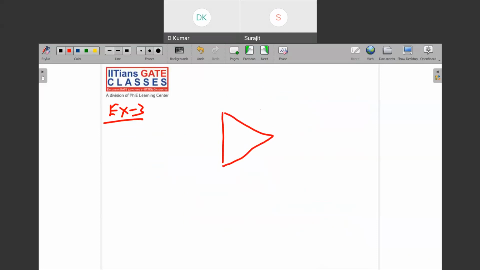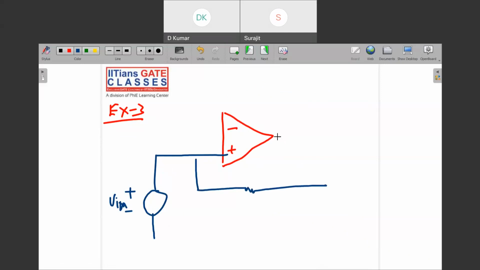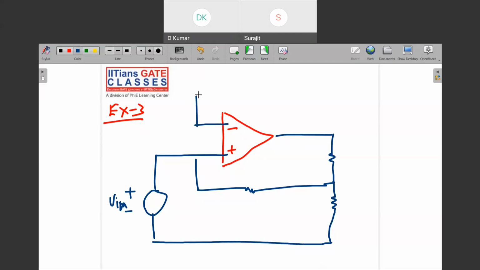This circuit is one of the very beautiful circuits I'm drawing now. Please draw with me, and this is V in. Now there is a voltage divider, connected from here to here, and this time this is also connected directly to the output, so this is V out.